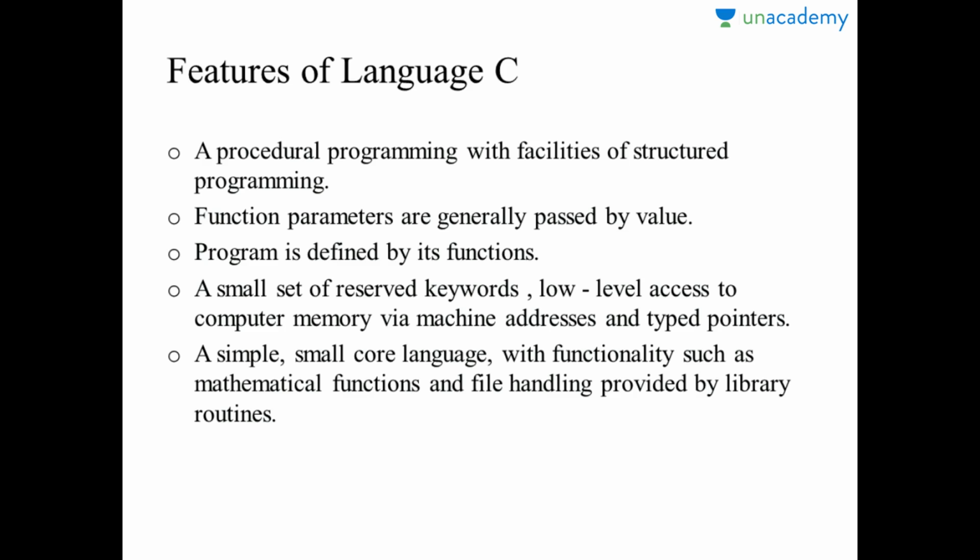Its program is defined by its functions. That means a lot of concentration is given on its functions rather than the data. It has a small set of reserved keywords, and it allows access via machine addresses and typed pointers. It is a simple small core language, with functionality such as mathematical functions and file handling provided by library routines.